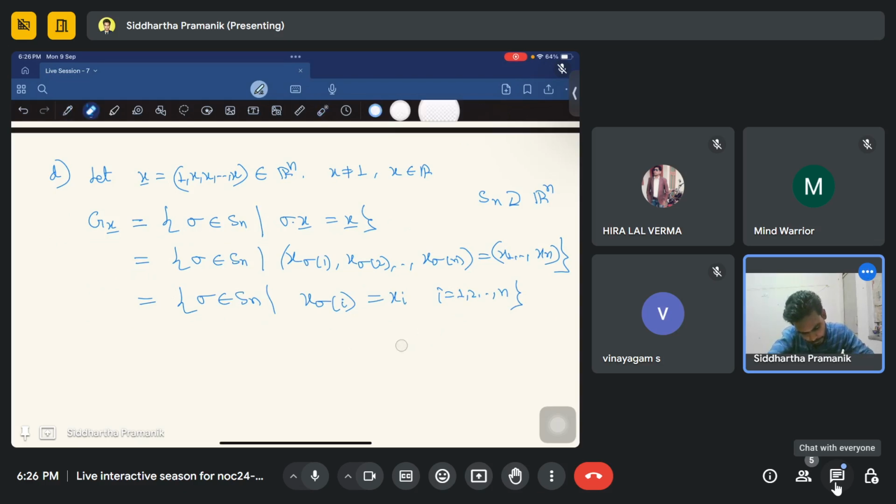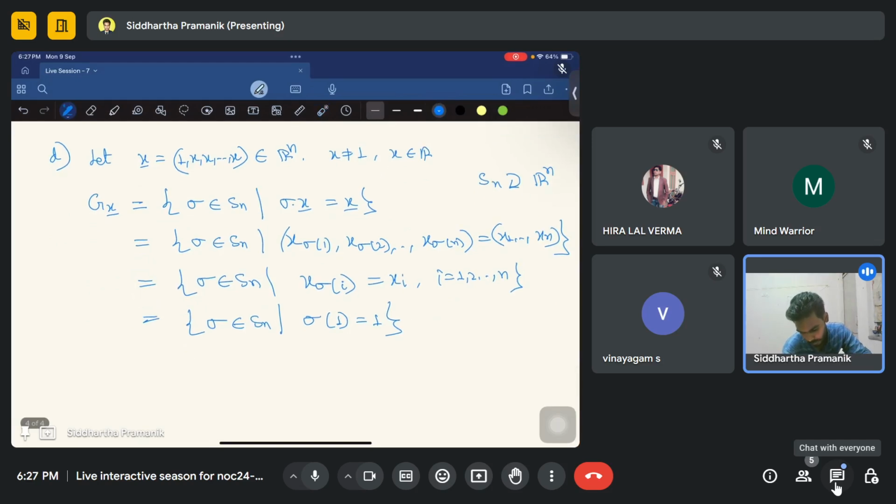So basically this is the set sigma belongs to Sn such that sigma of 1 is equal to 1, because in other coordinates all elements are the same. So if we permute them, it does not affect our x. So I hope it's okay. So let's see one more type of element so that it becomes clear.